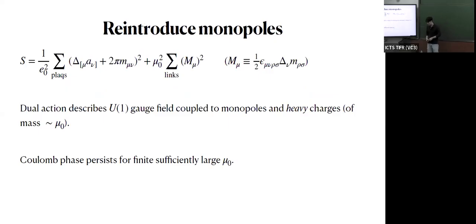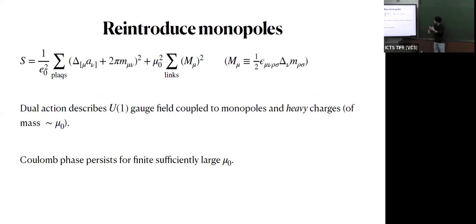Okay, so that was the situation in which monopoles were utterly eliminated. What happens when we put them back in? We can, of course, now just suppress them with a bare mass term. So there's no more Lagrange multiplier.